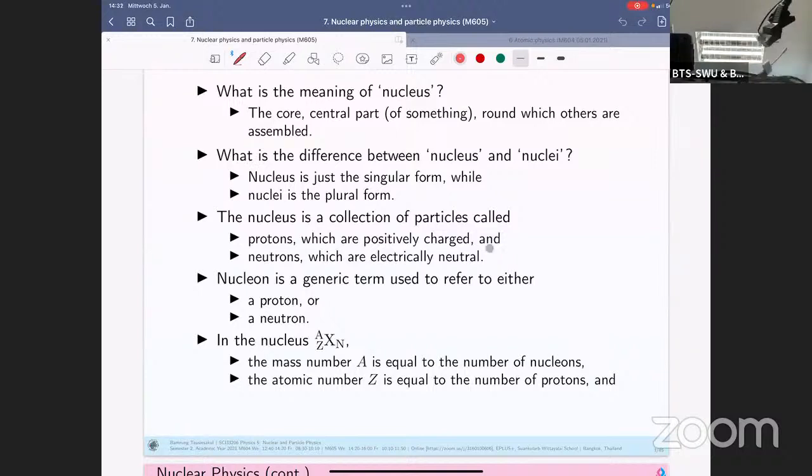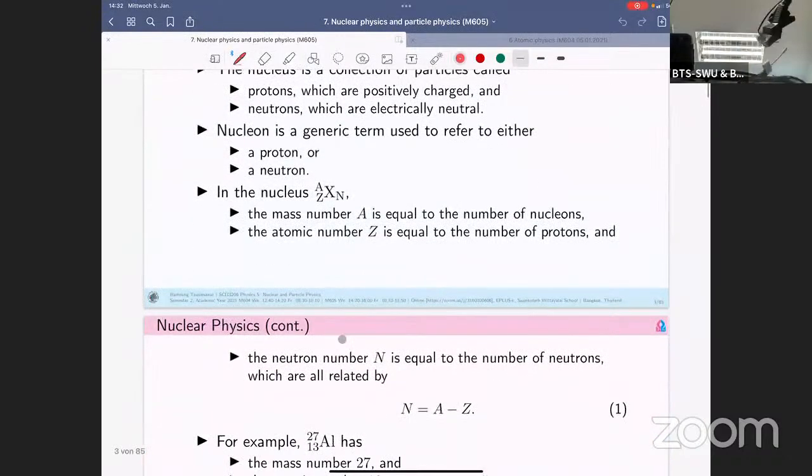You can find the number of protons in that element from the number Z. The neutron number is the number of neutrons. As the name suggests, they are related to each other by N equals A minus Z.